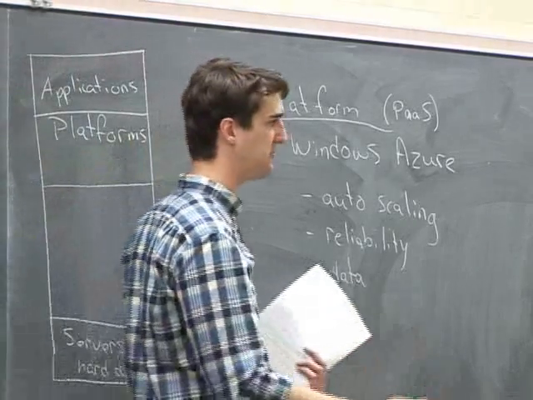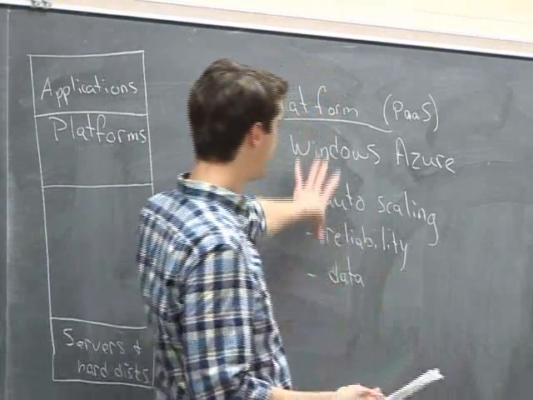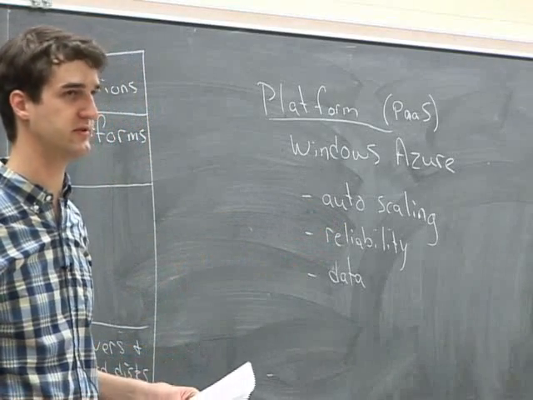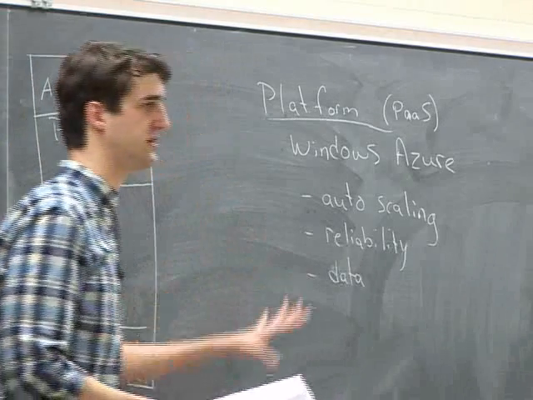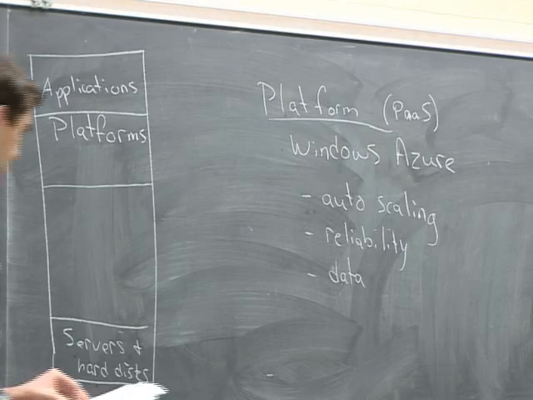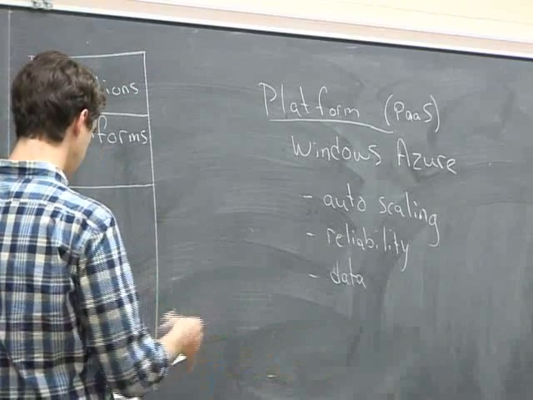You need a backup copy of that data somewhere. If you build on top of one of these platforms, they automatically keep multiple copies of your data for you. Are there any questions about platforms? I just want you to know that it's basically something that makes it easier to write a cloud application.